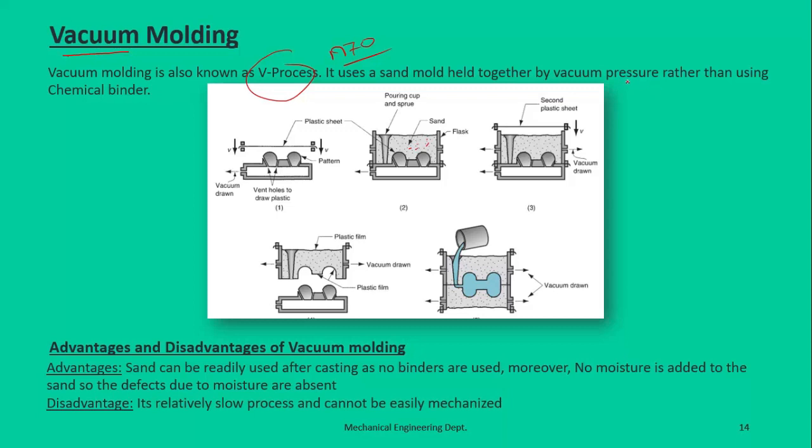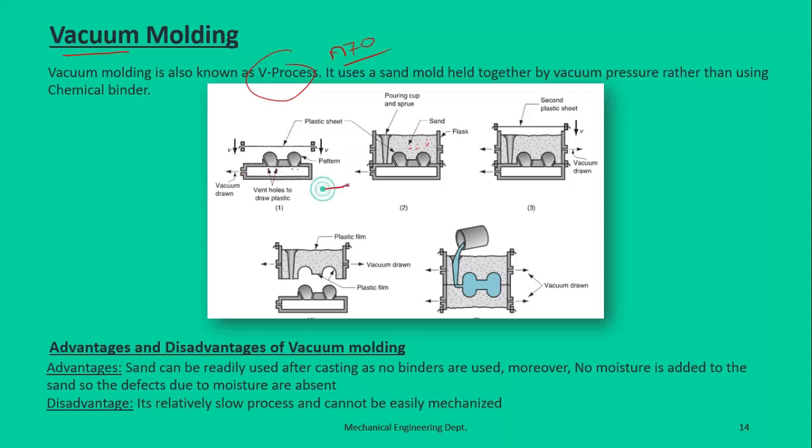So how do we perform vacuum molding? We have a match plate or a cope and drag pattern with some vents within the pattern. We create a vacuum here, and we place a preheated plastic sheet over the pattern, so it sticks to the surface of the pattern and remains intact because of this vacuum.